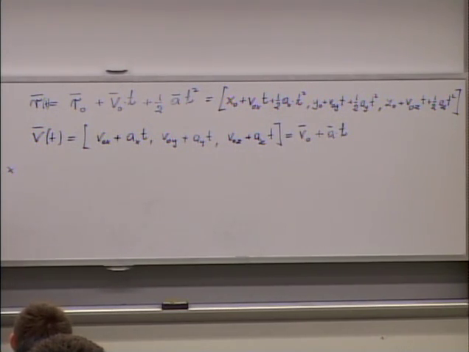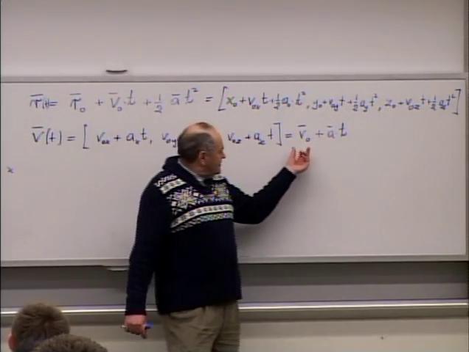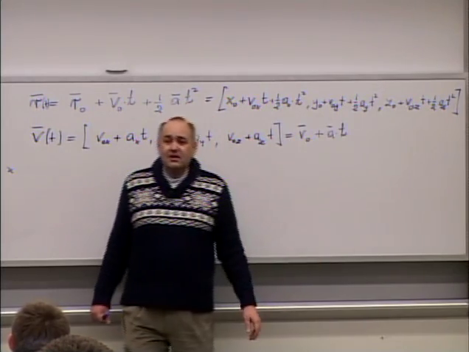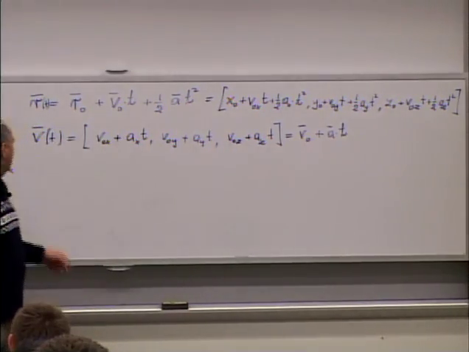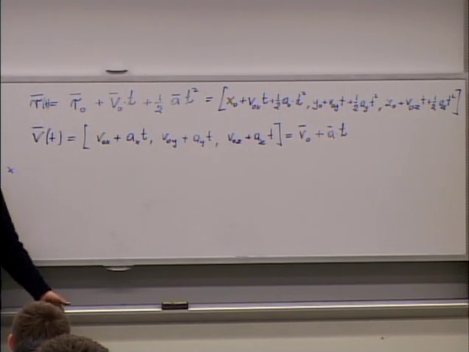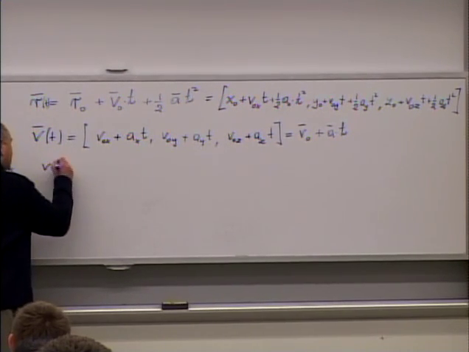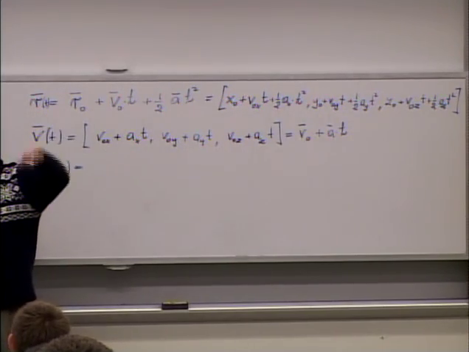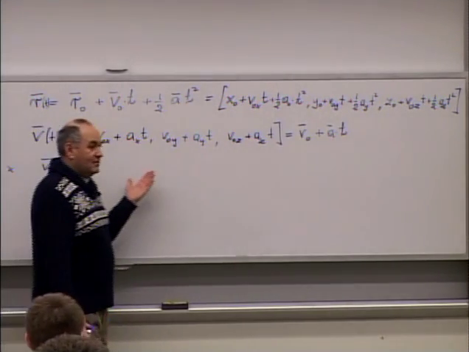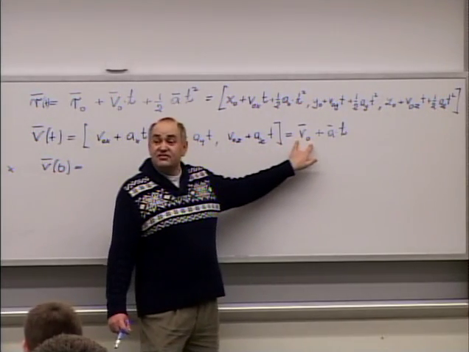Now, in order to see what the meaning of the symbol v0 is, look at what will happen if I plug in t equals 0. What is the value of velocity at instant 0, according to this formula? Which one? Just this thing, right?